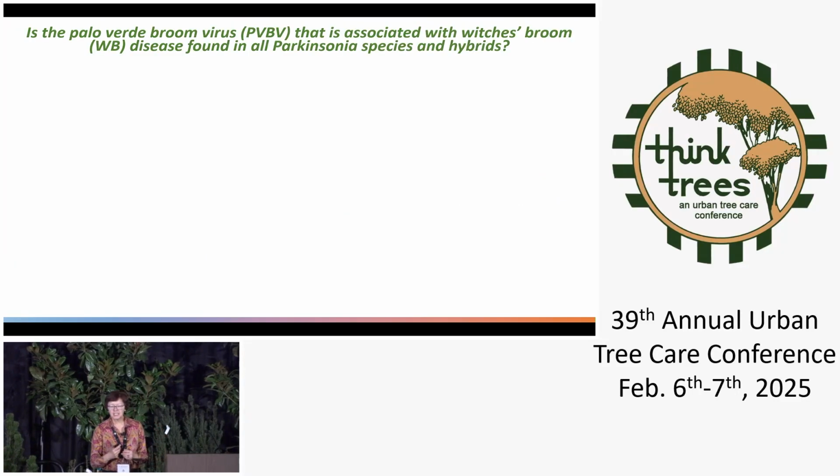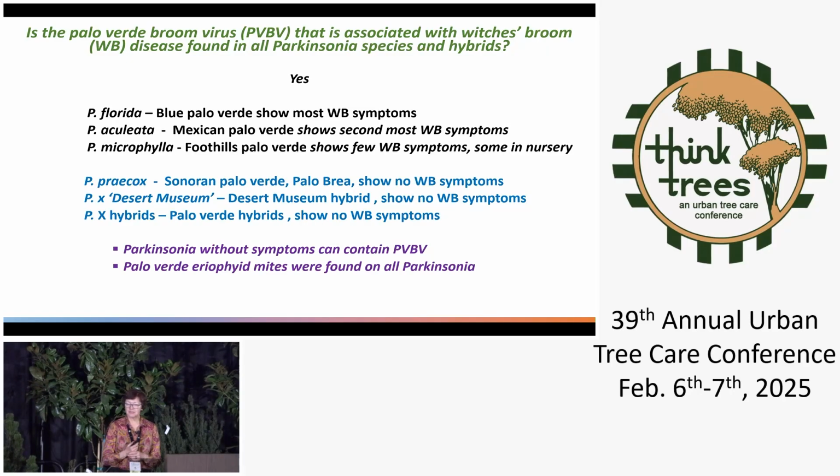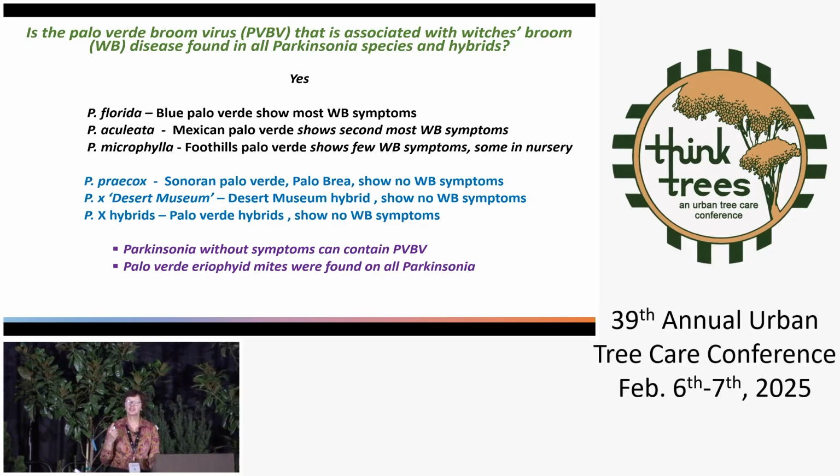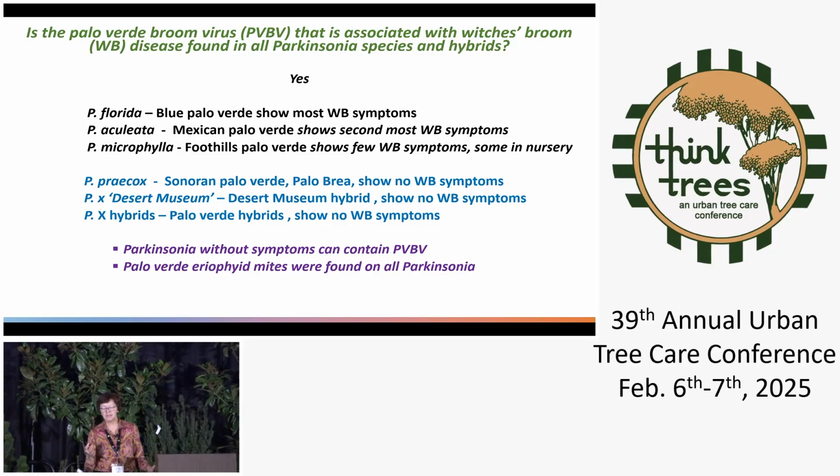So the question, is the palo verde broom virus something that is associated with the witch's broom disease, and is it found in all of the Parkinsonia species and the hybrids? The sad answer is yes. We found that blue palo verde shows most of the symptoms, followed by Mexican palo verde, and to a much lesser extent, the foothills palo verde.